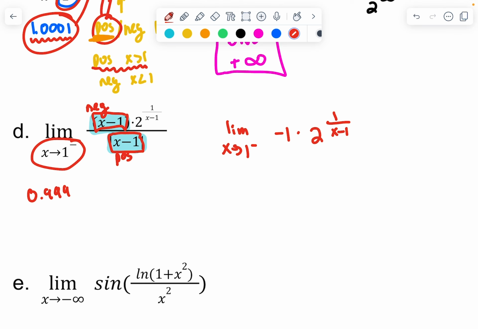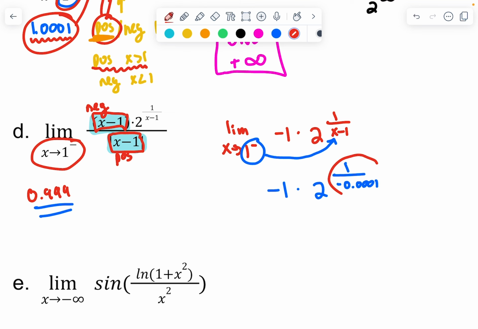Now, if we consider what happens when we put in numbers slightly less than 1 here, we're going to get negative 1 times 2 to the 1 over, if I put this in, that minus 1, I'm going to get like negative 0.0001. Okay, so now what's happening?